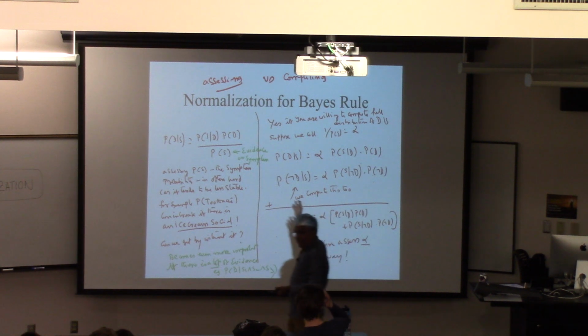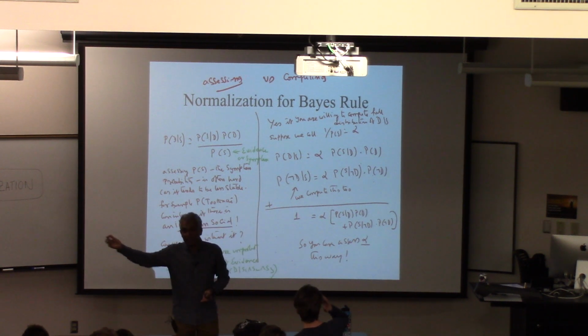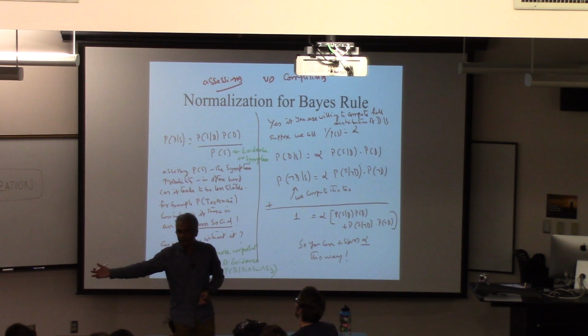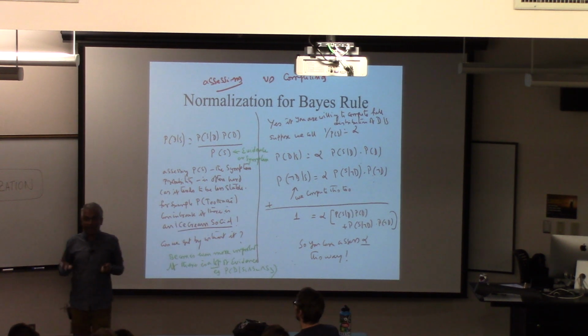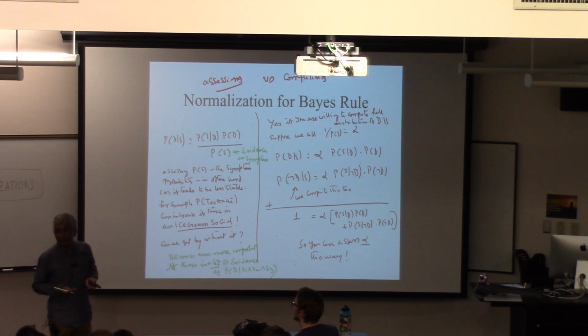Computing means you take your probability rules and compute the values of the other probabilities. So assessment of this can be very, very costly because you have to actually go into the real world and do experiments.